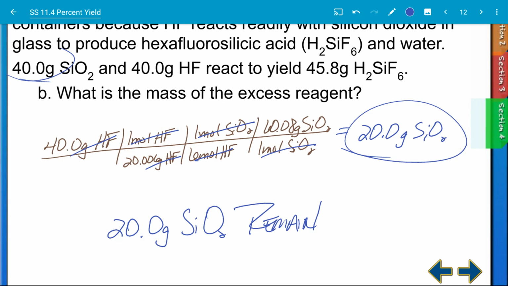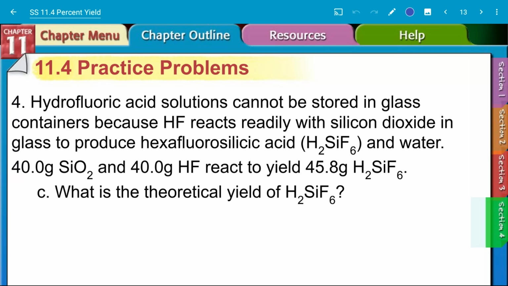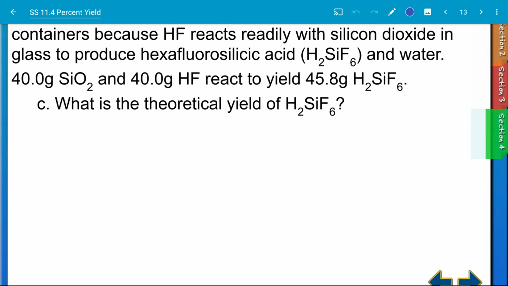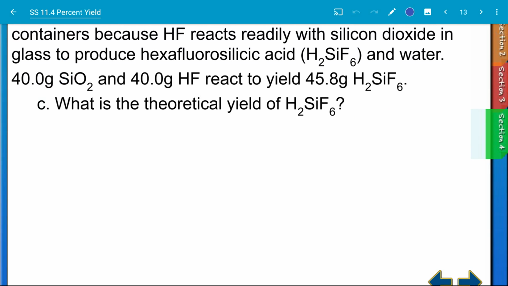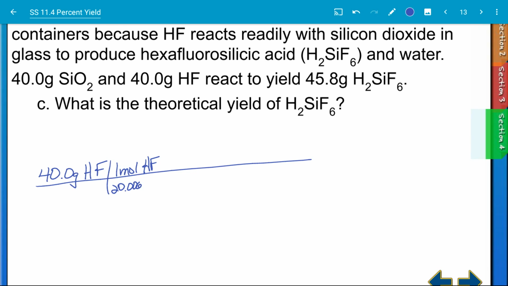Okay, now it's going to ask me, what is the theoretical yield of hexafluorosilicic acid? All right, so what was my limiting reagent? Hydrofluoric acid, right? Yep. My limiting reagent is hydrofluoric acid, so I got 40.0 grams hydrofluoric acid, and 1 mole of hydrofluoric acid is 20.006 grams of HF.